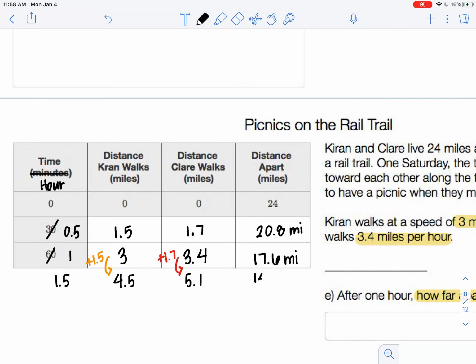Now, the other way that we could solve this is you might notice that each time Kieran and Claire travel another half an hour, so here we're adding another half an hour, Kieran walks 1.5 more miles and Claire walks 1.7 more miles.